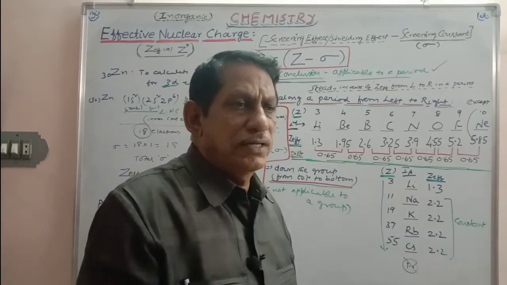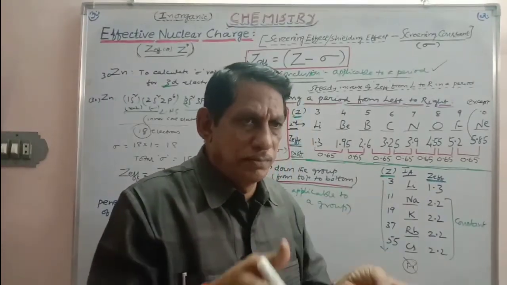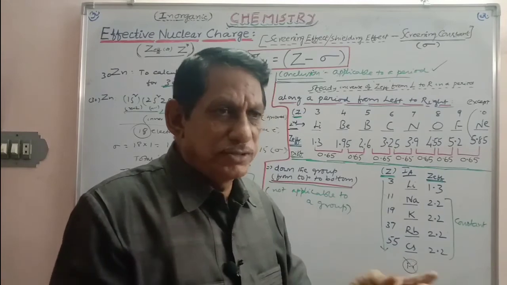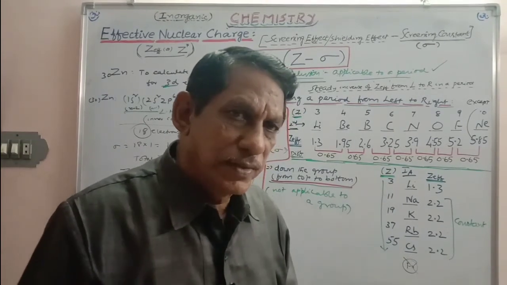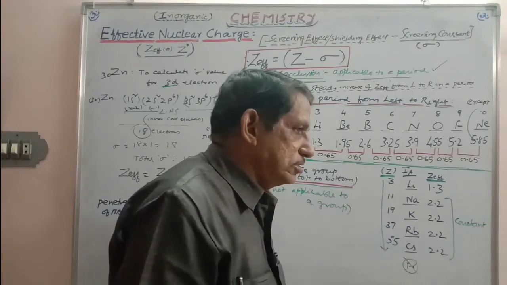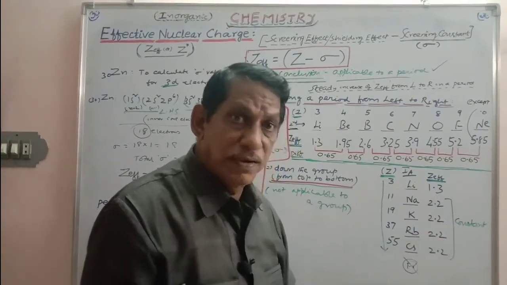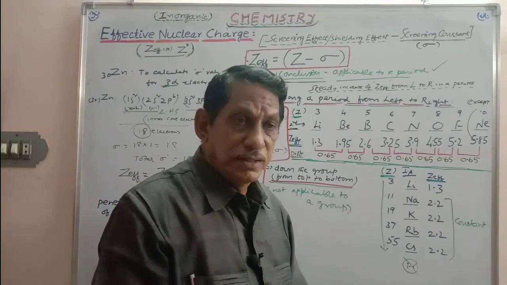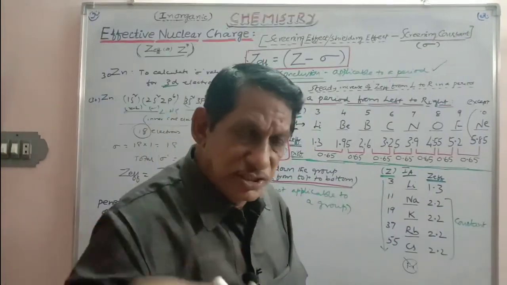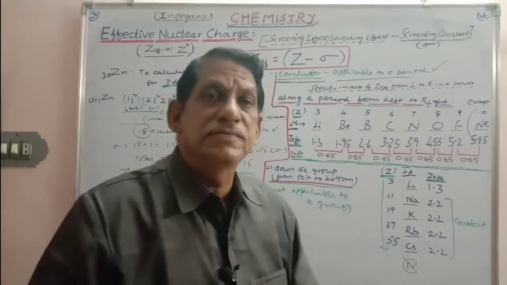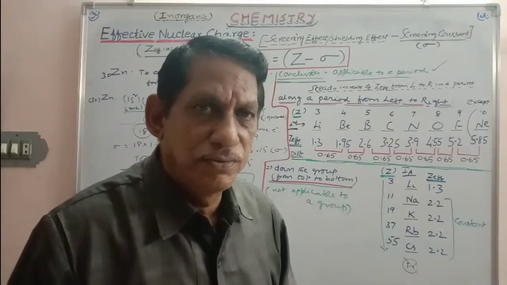Based on this, the atomic size should remain constant and ionization potential nearly constant. Can you agree with these results? As the number of orbitals is increasing here, the atomic size is gradually increasing from top to bottom. The radius is increasing, the nucleus attraction on the outermost orbital is decreasing, and the IP value is decreasing. These facts you know.